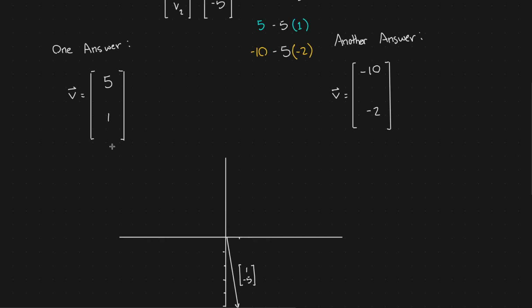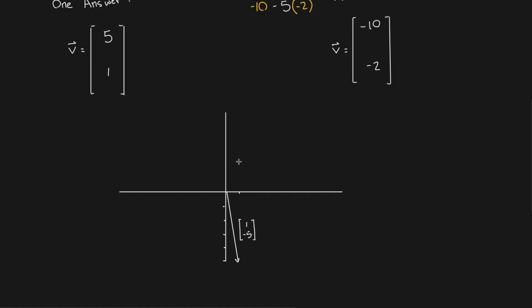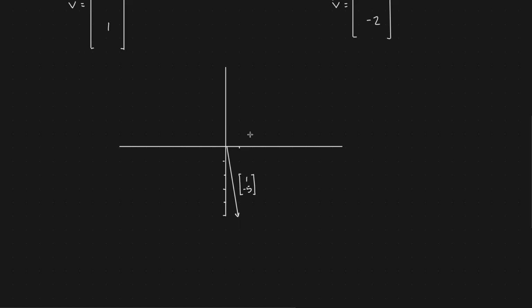Now our one answer here is 5, 1. So 1, 2, 3, 4, 5, 1. And you could see just eyeballing it that, yeah, that's going to be a 90-degree angle.